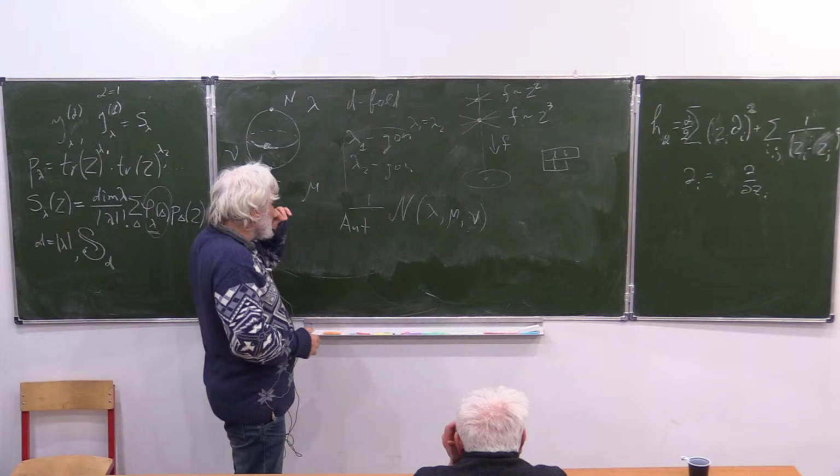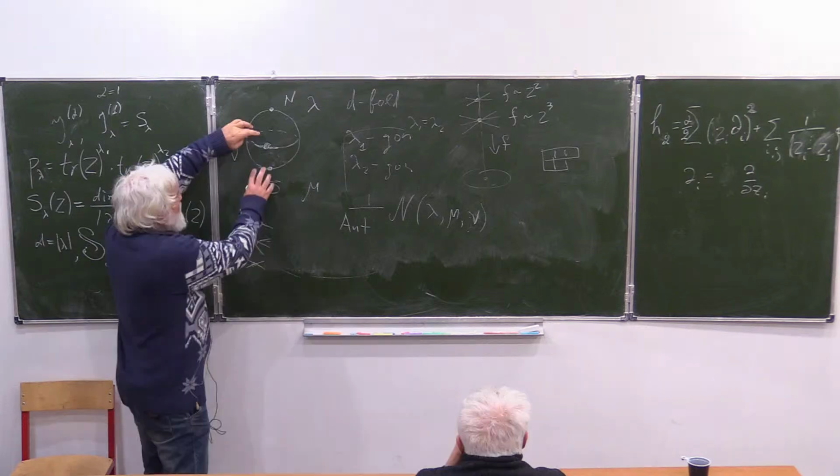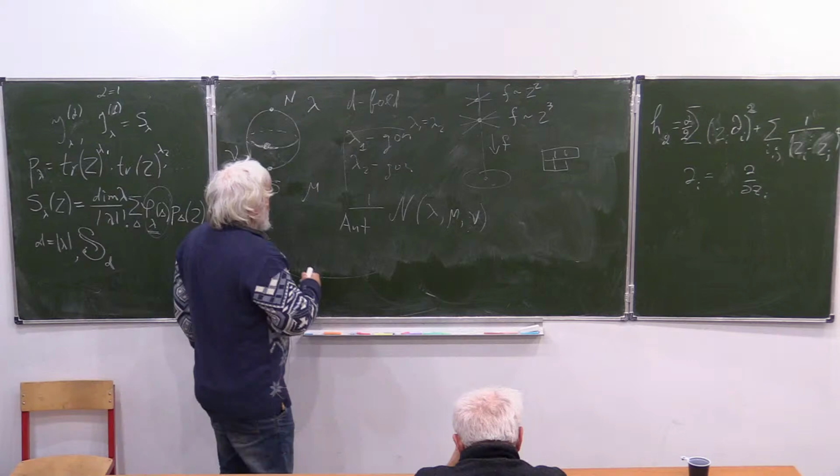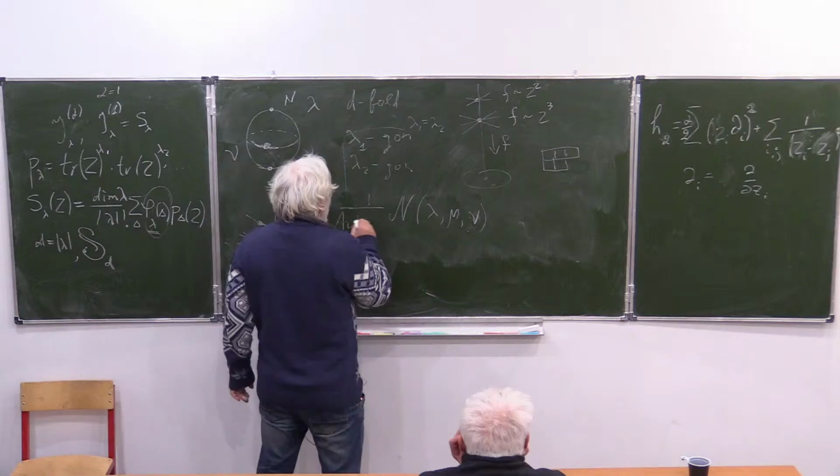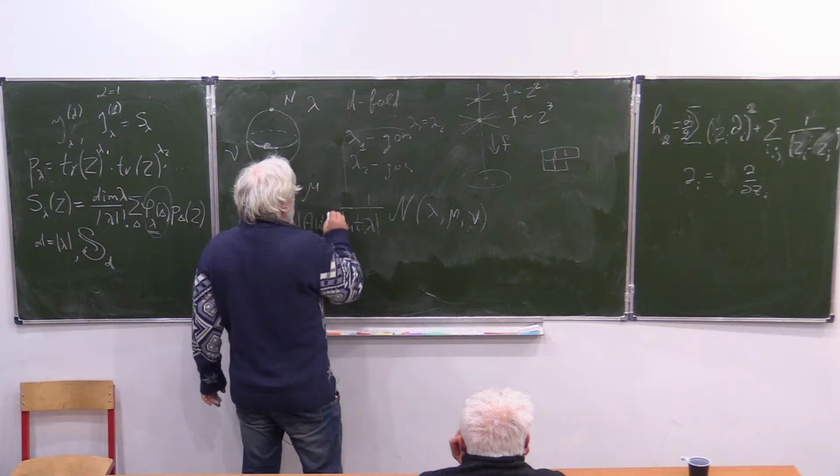So we get a number of automorphisms, which I will call Aut lambda and Aut mu.